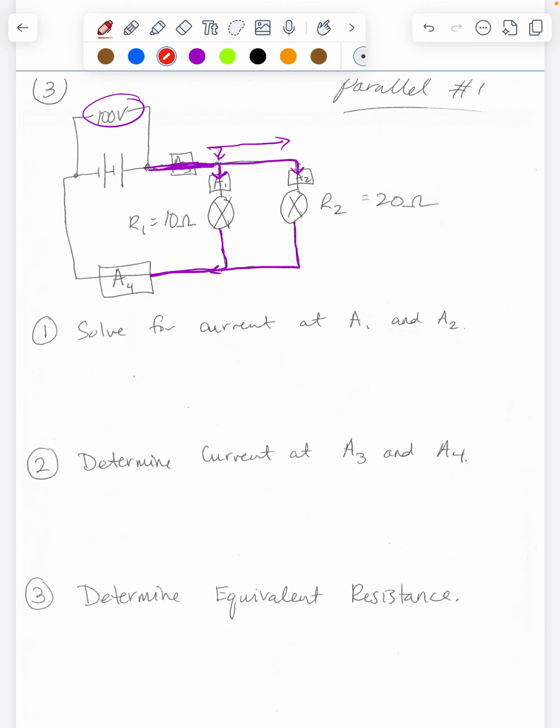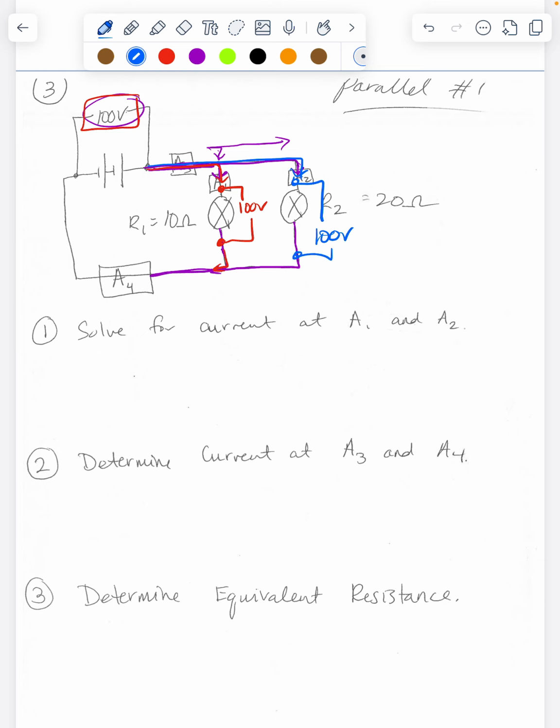So what do I mean? I mean that if the battery gives 100 volts, there's going to be 100 volts given to this light bulb, because if you're an electron that travels down this path, you will spend all of your voltage at that light bulb. And if you're an electron that goes down this other path, in blue, you're going to spend all 100 of your volts at this light bulb.